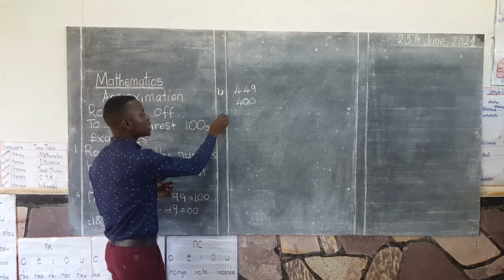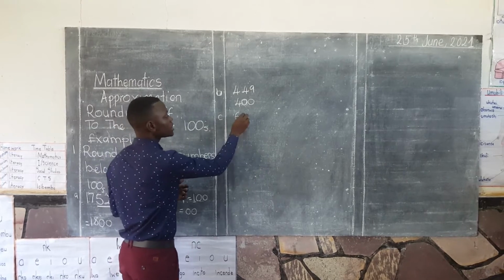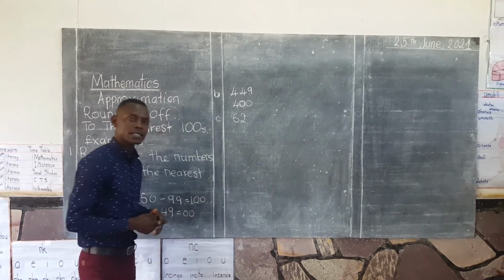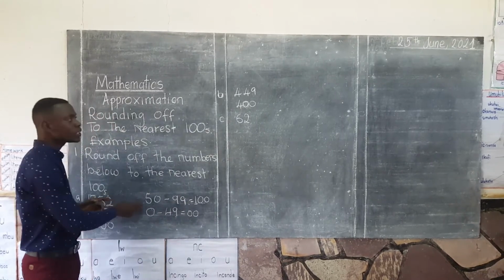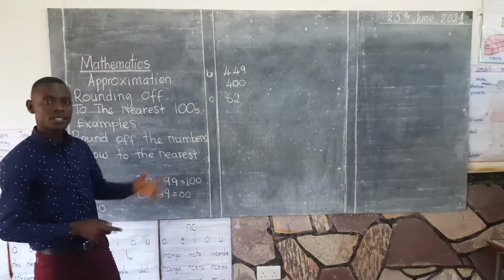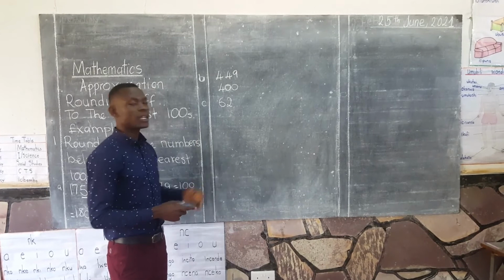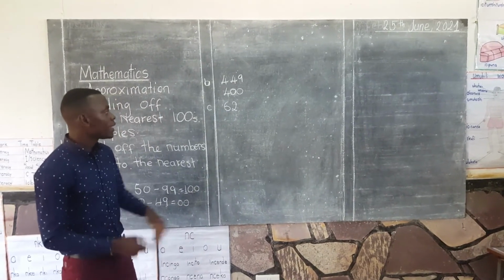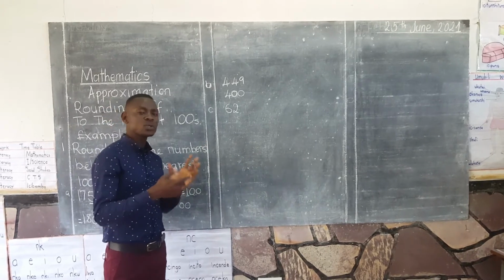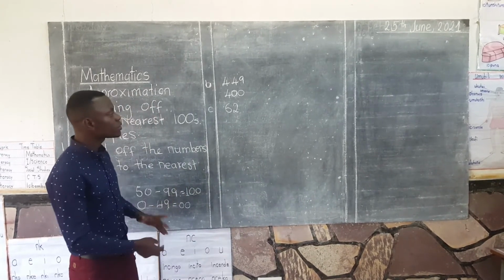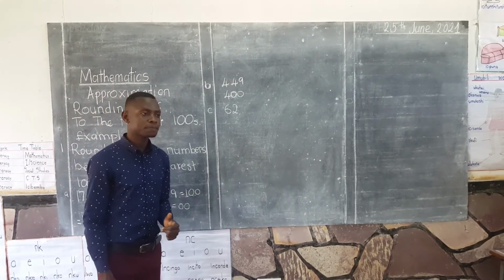Okay, let's now go to a number which has just 2 digits. How can we answer that one with regard to rounding off that number to the nearest hundreds? So this is where we'll ask ourselves again, is this number 62 between 50 to 99 or is it between 0 to 49?